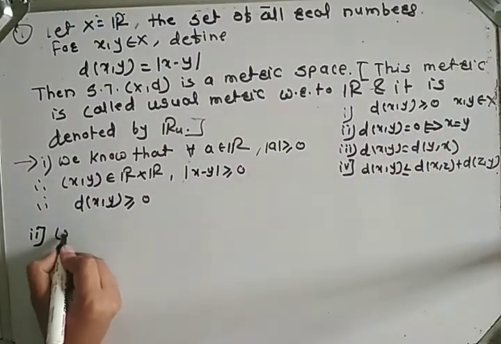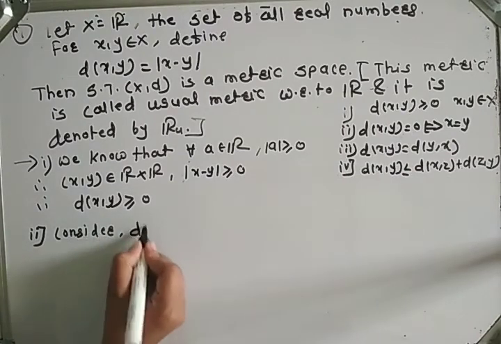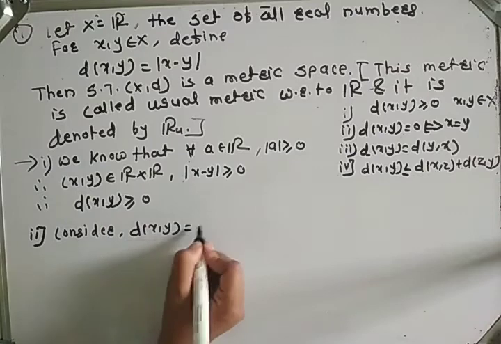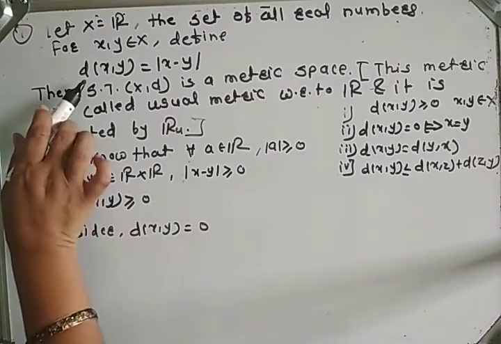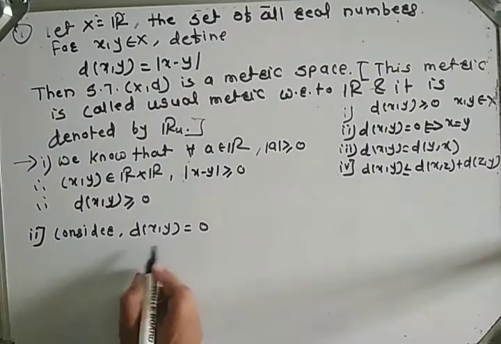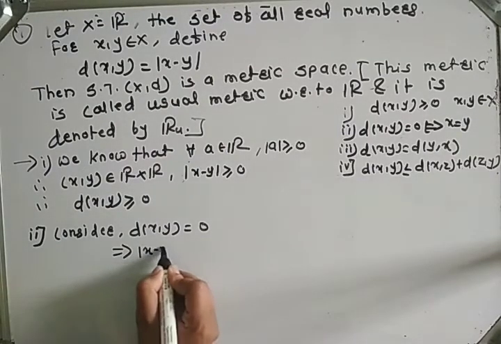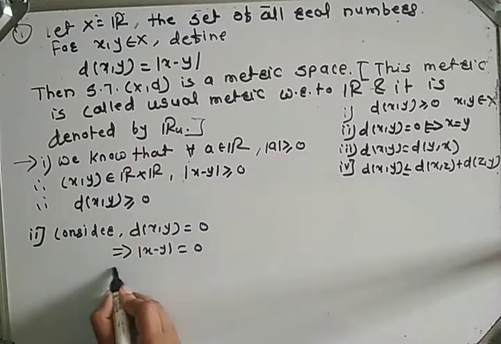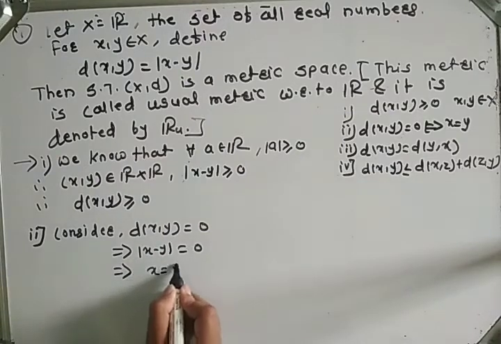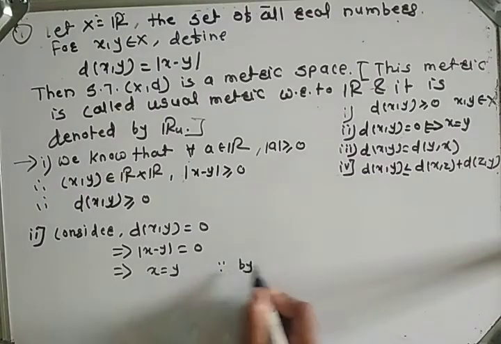Now second property is d of x, y is equal to 0 if and only if x is equal to y. Consider d of x, y is equal to 0. See here, what is d defined? d of x, y is equal to mod x minus y. d of x, y is equal to 0 implies mod x minus y is equal to 0. That implies x is equal to y, since by properties of distance.